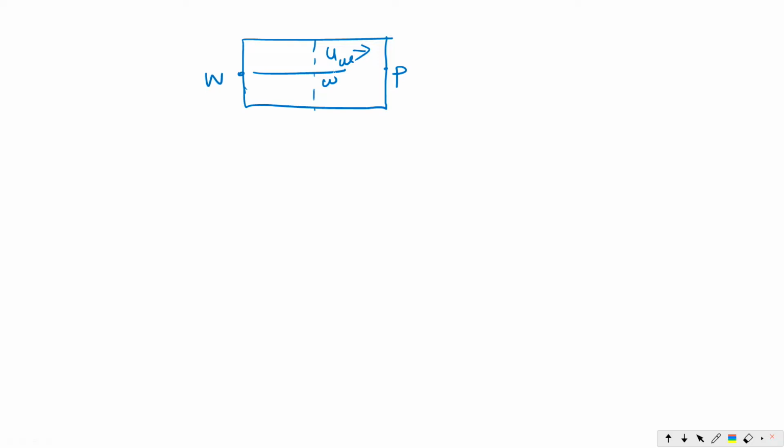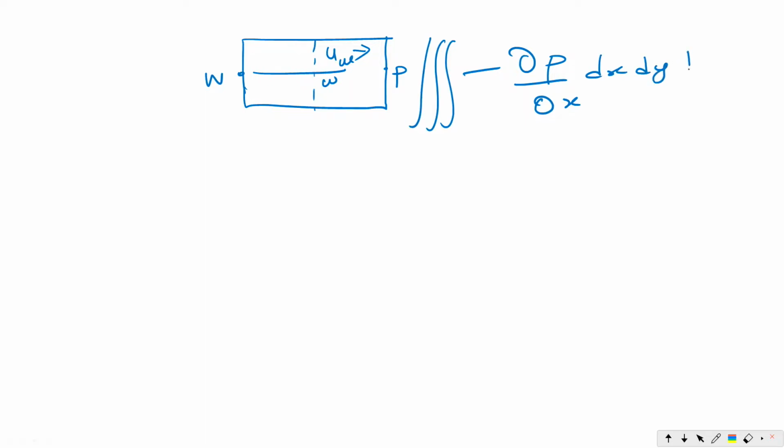Earlier we have seen it for the E control volume. Now on the left hand side, it is minus dou P by dou X, the same thing, triple integral with dx, dy, dz as the operator. When I integrate, it becomes minus p. Where is the limit of nodes? It starts from capital W and ends at capital P. So dy becomes y, and it becomes delta y, delta z.